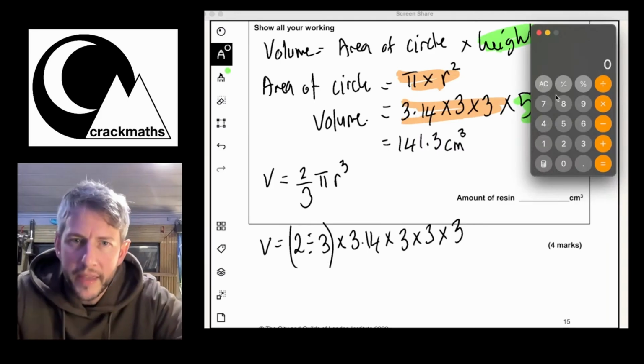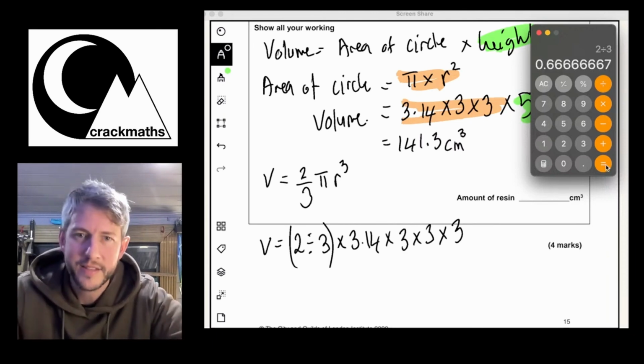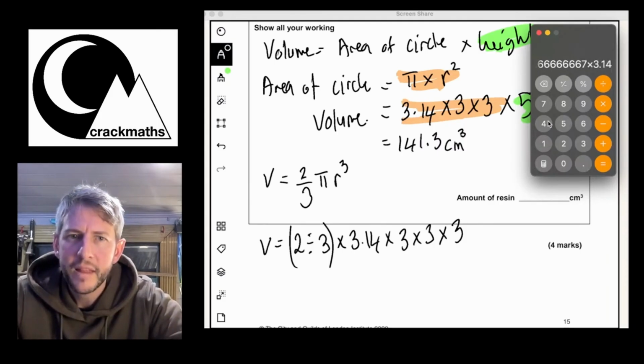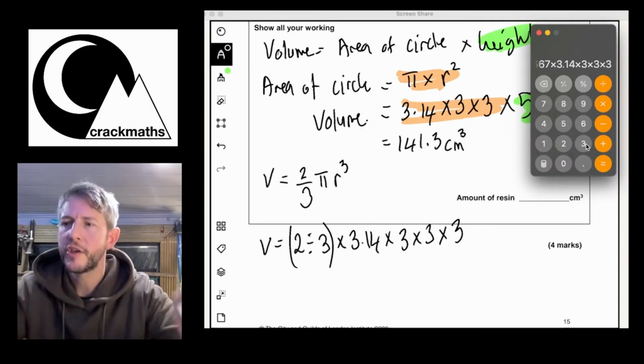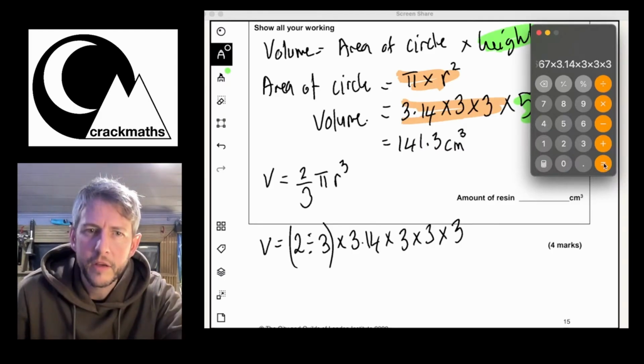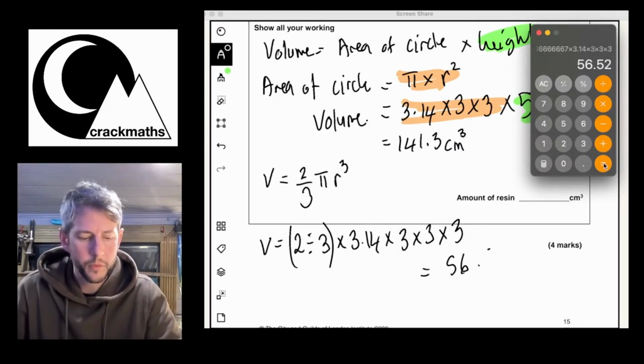Okay, so when I do that in my calculator, I'm going to do 2 divided by 3 first. I'm just going to press equals there, so I've got that as the answer, so I'm not messing anything up with everything else. And now I'm just going to type in the rest of the timesing. So times 3.14, and then times 3 times 3 times 3, because cubed means you multiply it by itself 3 times. Okay, and here we go. So this is equal to 56.52.